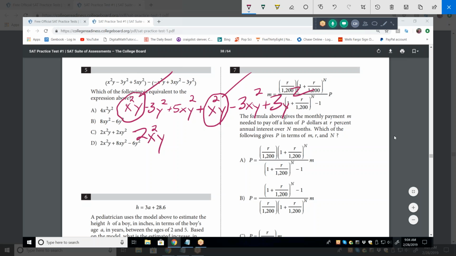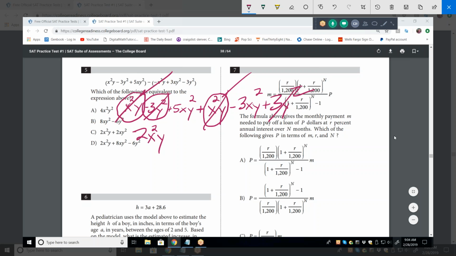Okay. Now let's look at this. And I included the sign with it. How many of those do you have? 2. What do they add together to be? 0. Okay. So we've eliminated that term, that term, and that term.